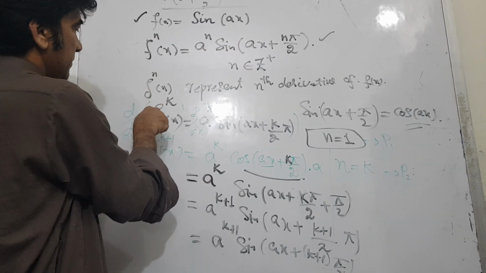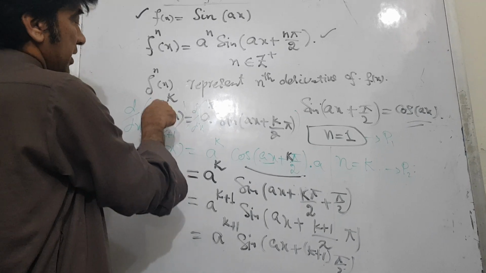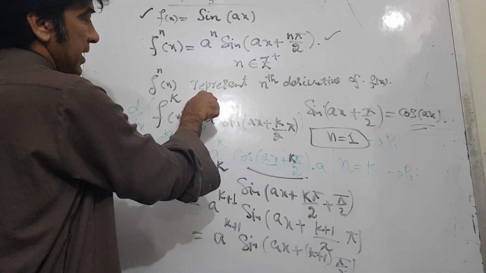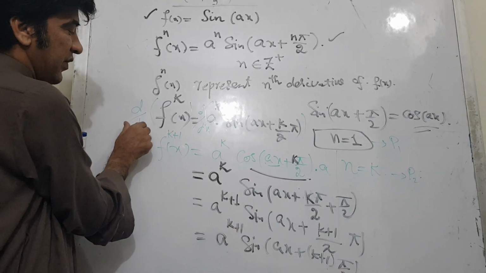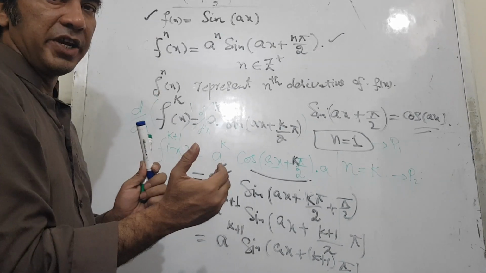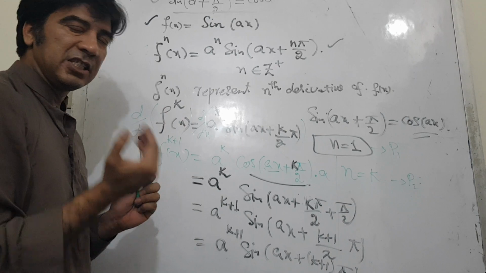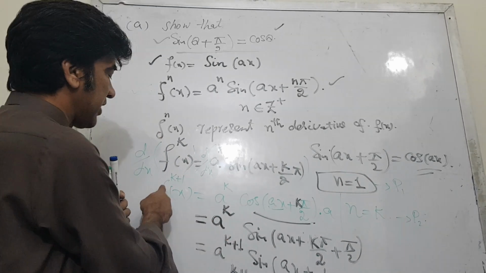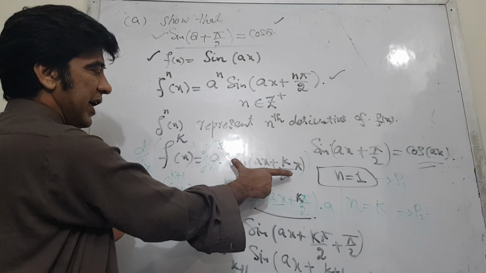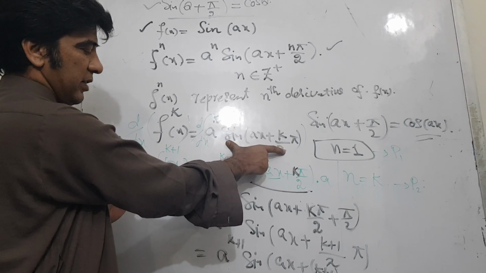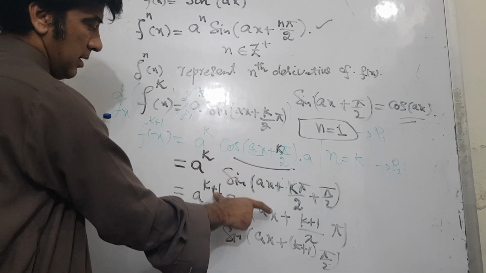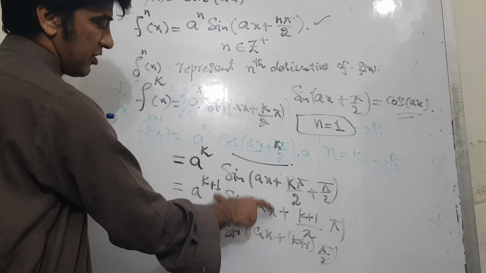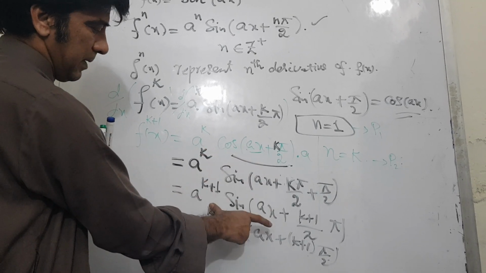I have written there that the kth derivative is equal to a^k sin(ax + kπ/2). When I have taken one more derivative of this kth, the number of derivatives becomes k+1, and I also need to take the derivative on the other side, and the new derivative of this becomes this. I have shown the steps in a very simple way.